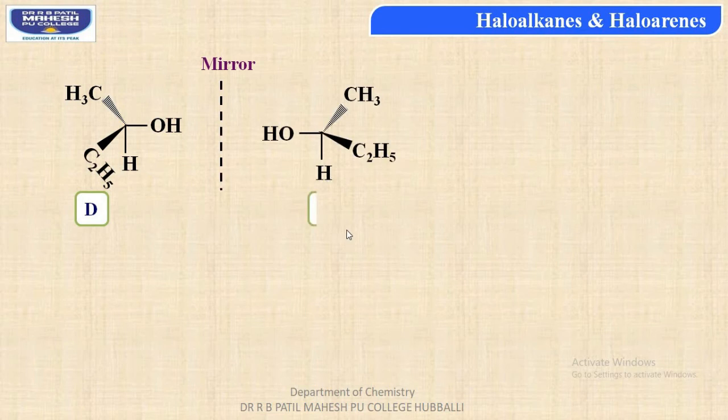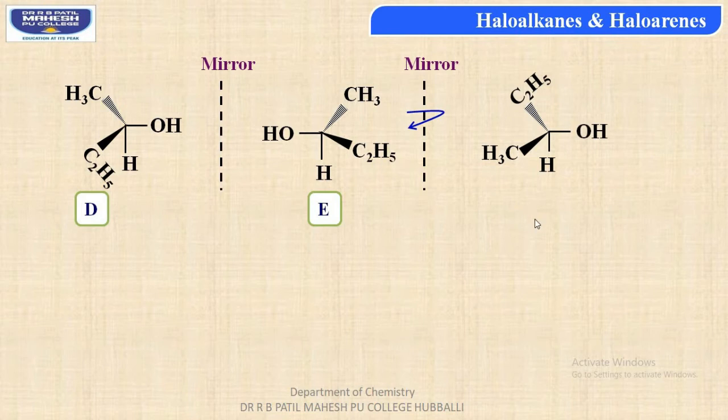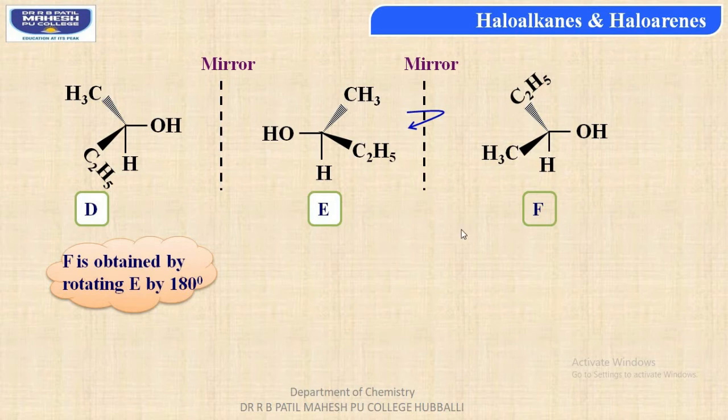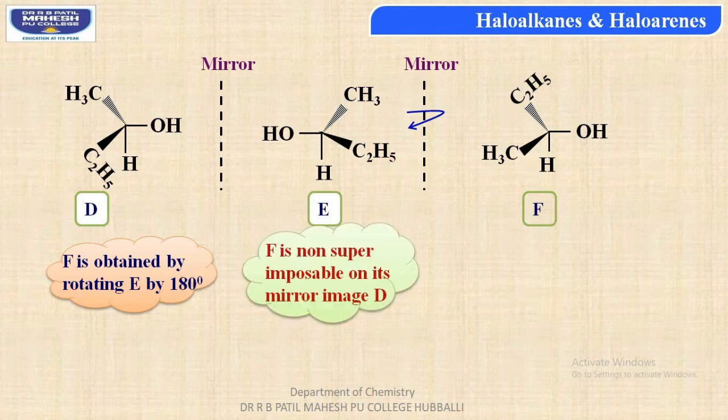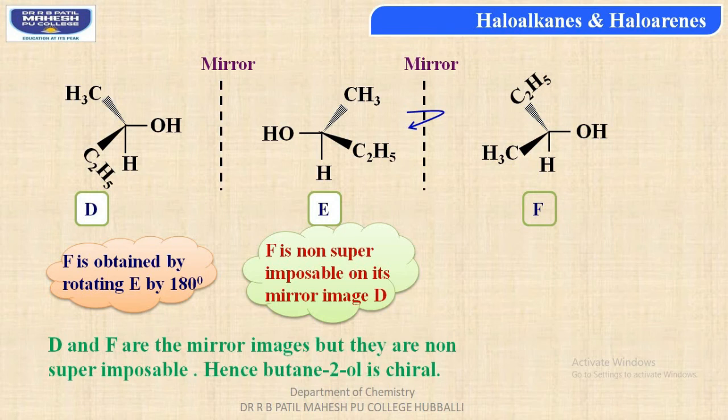We get structure E. Later, if we place a mirror or if we rotate the molecule by 180 degrees, then we get one more structure, F. Now students, if you compare all these three, structure F can be obtained by rotating structure E by 180 degrees, whereas structure F is non-superimposable on structure D. Thus, we can conclude that structures D and F are mirror images, but they are non-superimposable on one another, and hence butan-2-ol is a chiral molecule.